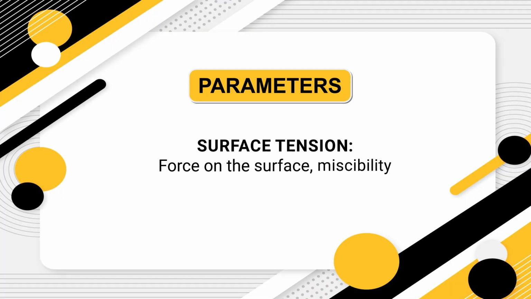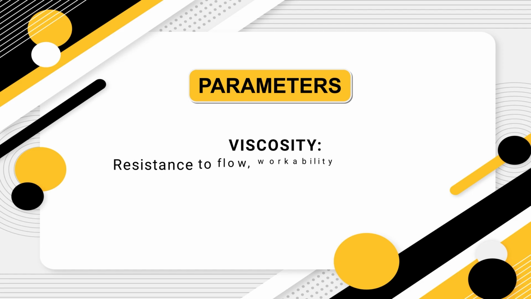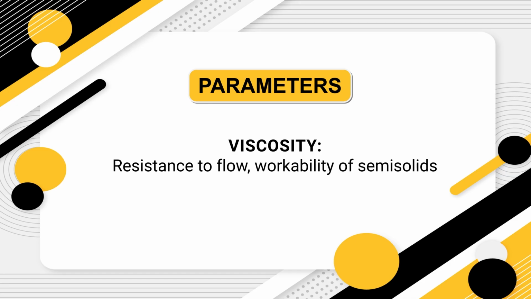Talk about surface tension, which is a tension on the surface. It is more pertinent for deciding whether a particular liquid will be miscible with water or any other liquid. Viscosity, which is nothing but resistance to flow. That means all materials have a resistance to flow; they don't want to flow.